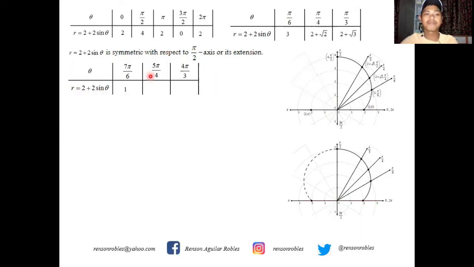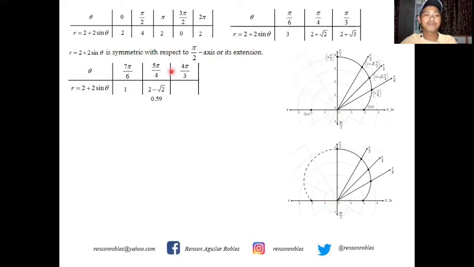Next, sine 5 pi over 4. 5 pi over 4 is located here. So sine 5 pi over 4 is negative square root of 2 over 2 times 2, that's negative square root of 2, plus 2. So you have got 2 minus square root of 2. And square root of 2 is 1.41. So 2 minus square root of 2 is approximately equal to 0.59.